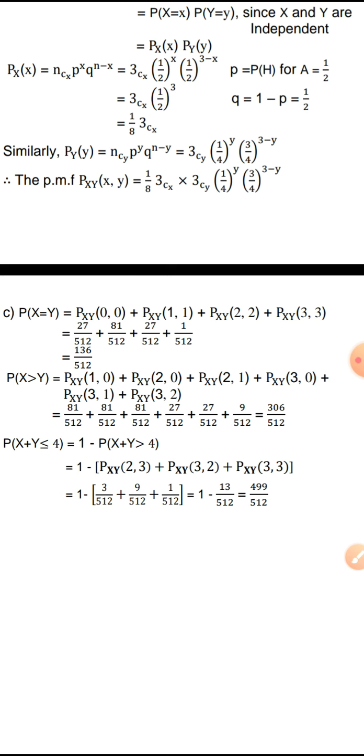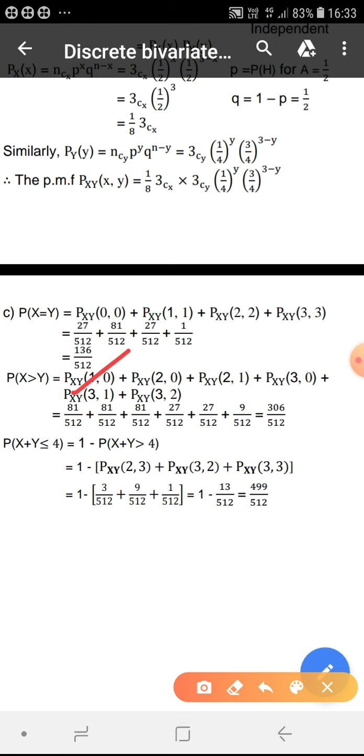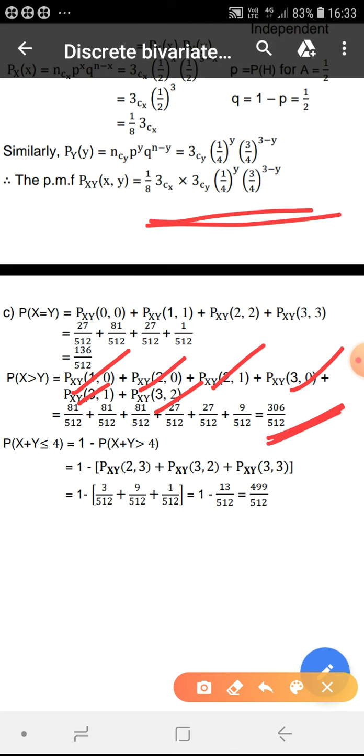All these are possible values where x will be greater than y. So consider the probability mass function Pxy of these values. Use the expression Pxy of x, y, put the corresponding x and y values, calculate each of the probabilities, then the sum. 306 by 512.